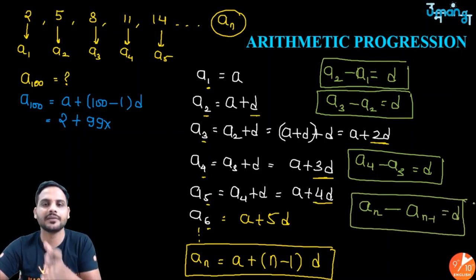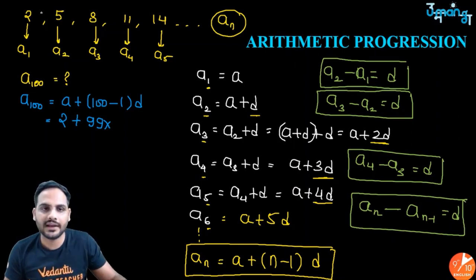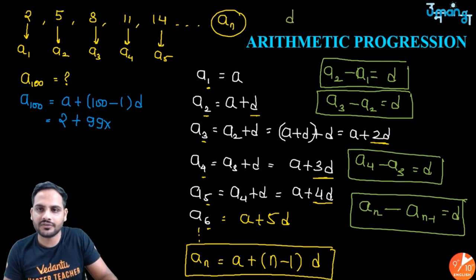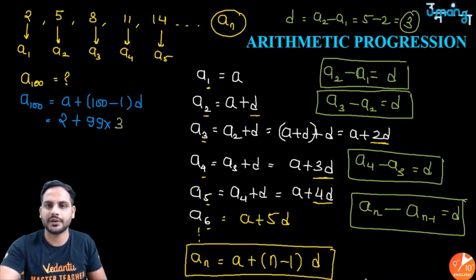So for this AP, the common difference d is a2 minus a1, that is 5 minus 2, which is equal to 3. So 99 into 3.